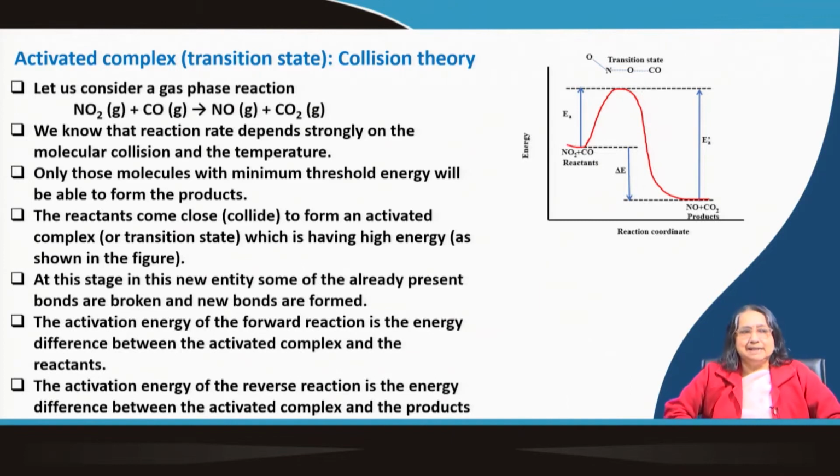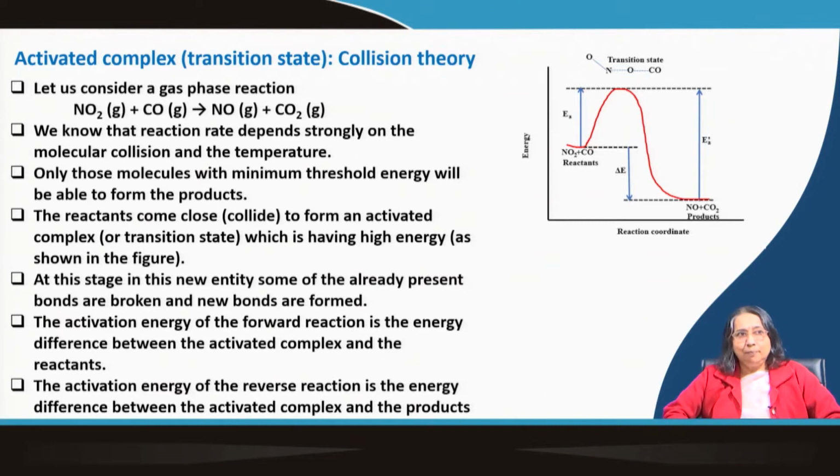So, what we have seen is that when we push the marbles, some of the marbles came back, okay, because the pushing was not so heavy, not with sufficient energy. So, some of the marbles will come back and some of the marbles will manage to cross the hill and go to the other side. When one marble is going up, the kinetic energy is decreasing, potential energy is increasing.